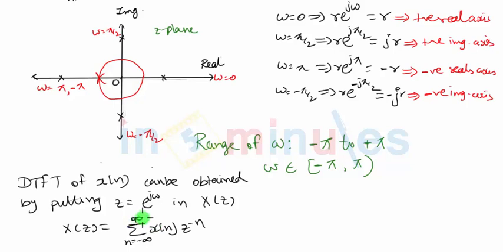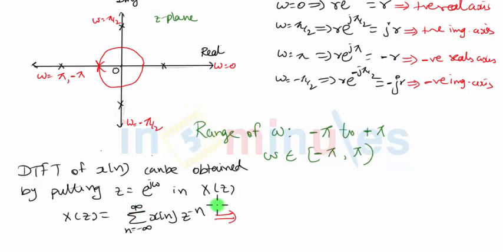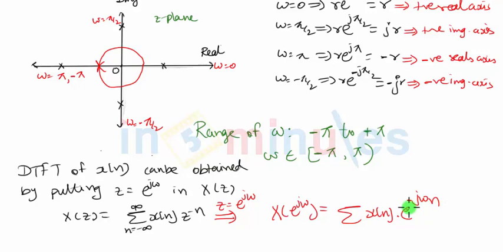So let's verify this fact. If I replace z with e raised to j omega, I get x of e raised to j omega, which is equal to summation x of n into e raised to minus j omega n, where n goes from minus infinity to plus infinity. This minus n comes because we already had minus n as the power.